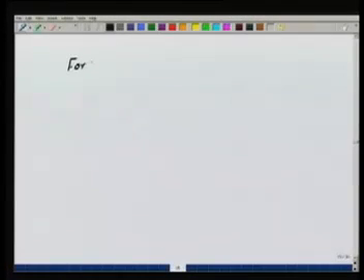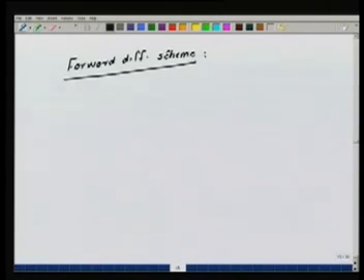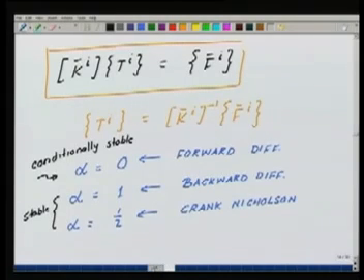So if I now take the forward difference scheme, the advantage with the forward difference scheme is in the scheme of things that we have obtained.